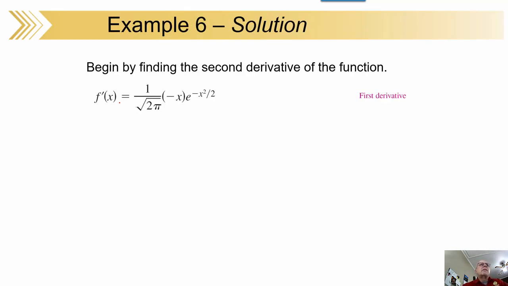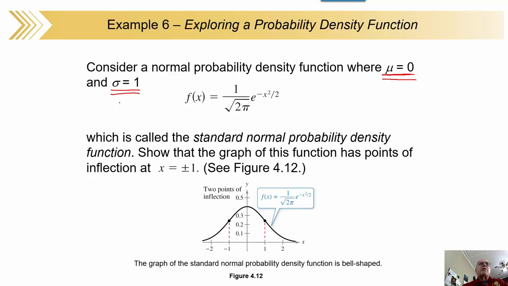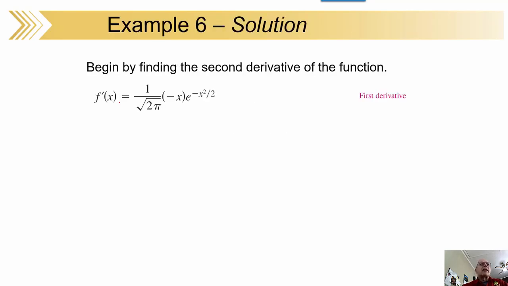So we can find the first derivative. That's actually not too bad because of all those constants. Because remember, you got 0 for the mean, 1 for the standard deviation. Once you put those in, it cleans up a little bit. Notice you've got the constant out front, 1 over the square root of 2 pi. It looks weird, but it's just a constant. Think of it like a 17.